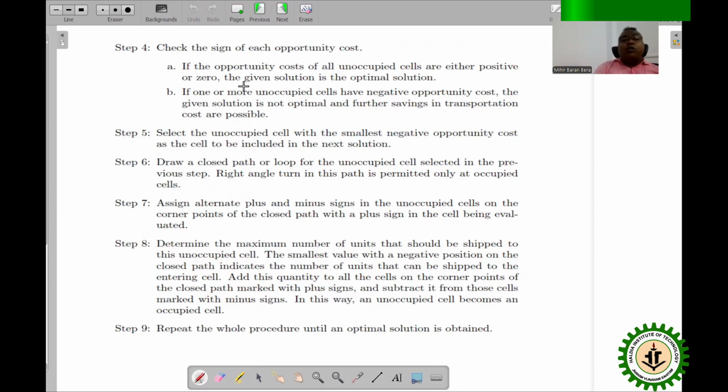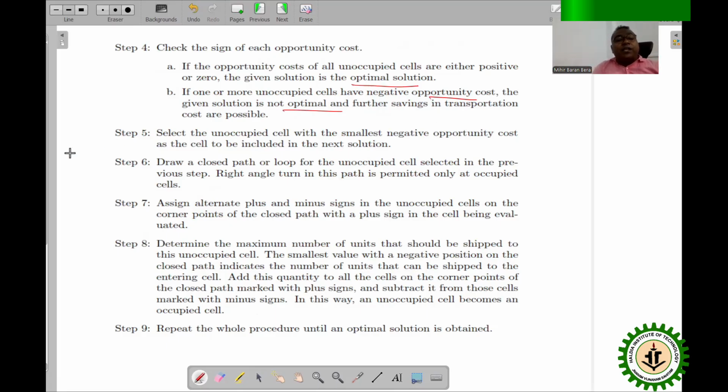That thing is written in these steps: if all the delta ij are greater than 0, then the solution is the optimum solution. If one or more unoccupied cells have negative cell evaluation or opportunity cost, then the solution is not optimum and the further process will follow at that time.